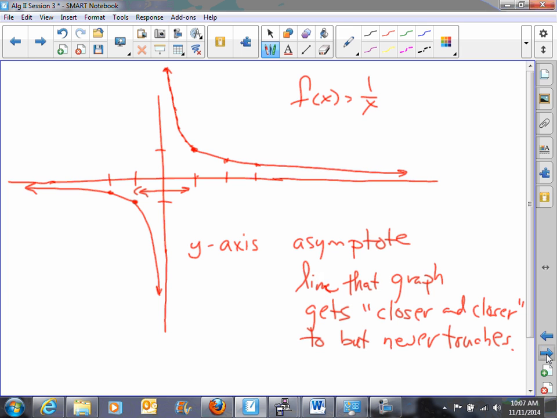But no matter how big this number is, 1 billion, 1 over a billion, although it's really close to 0, is still not 0. This graph will never touch the x-axis either. So the x-axis is also an asymptote of this graph.